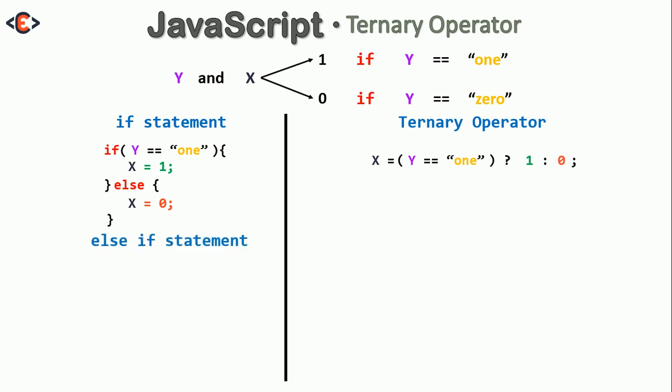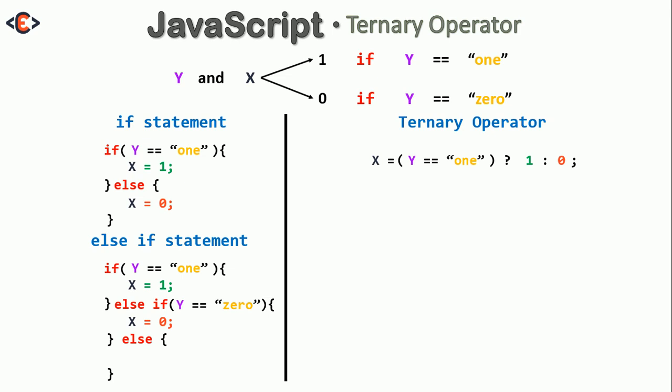Now let's say we have an else if statement. So let's say if y equals 1, then x will receive 1, else if y equals 0, then x will receive 0, else x, for example, receives 2. Then using the ternary operator, we will say x equals the condition, y equals 1, the question mark.